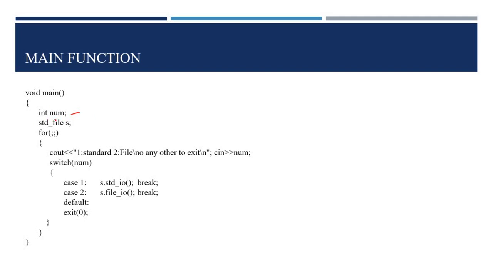To read the choice we define a variable called num, then define an object of the class standard file, that is std_file. Then we use a for loop without specifying the conditions. That means unless and until the task finishes, it will be repeated. Unless the condition is exiting, the function repeats.